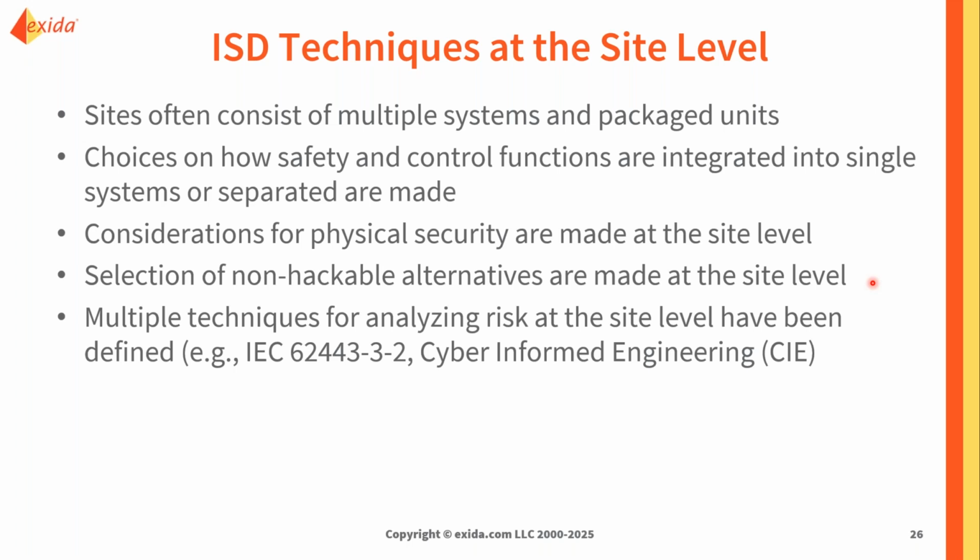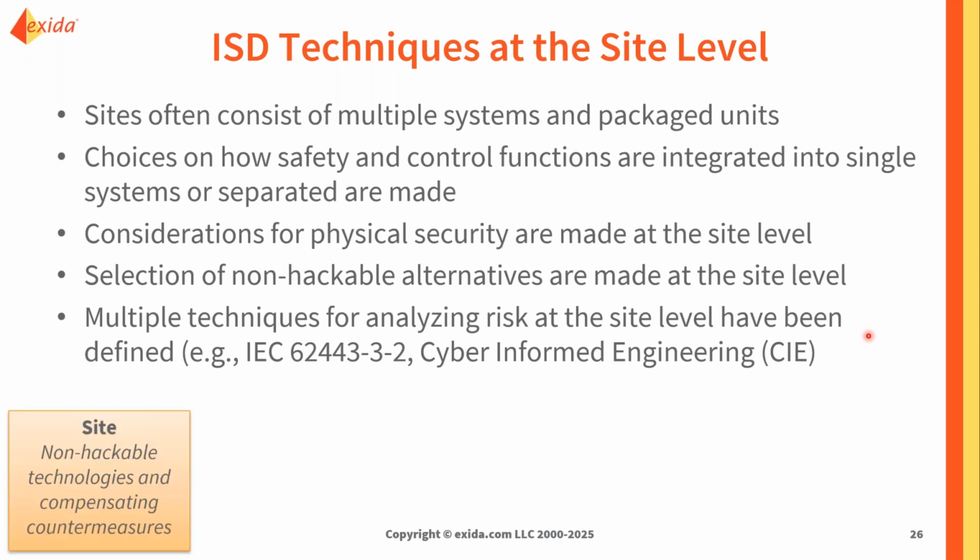Or in some cases, could we use a hardwired relay that's not connected on the network if we have an event that is truly so extreme from a cyber side that we need to limit the impact if it were to happen.